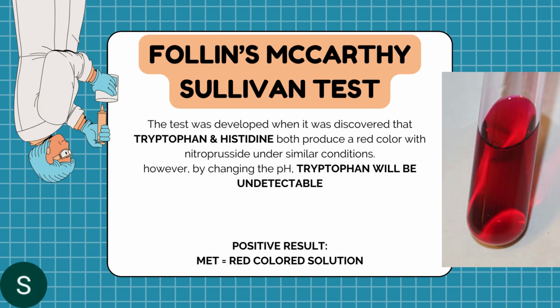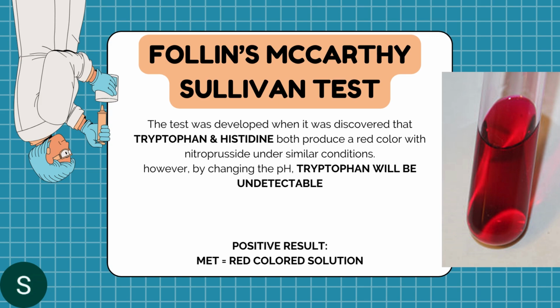Okay, next we have your Folin-Looney-Sullivan test. This test was developed when it was discovered that tryptophan and histidine both produce a red color with nitroprusside under similar conditions. Okay? However, by changing the pH of the solution, tryptophan will be undetectable.